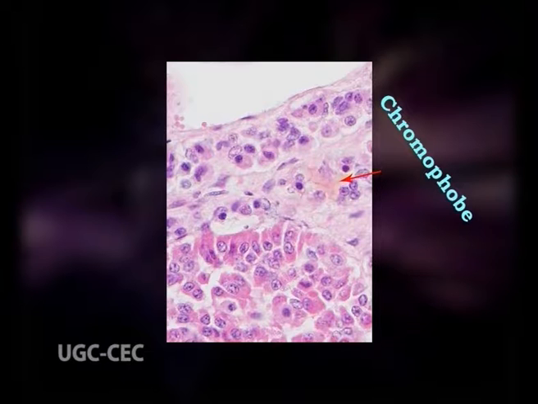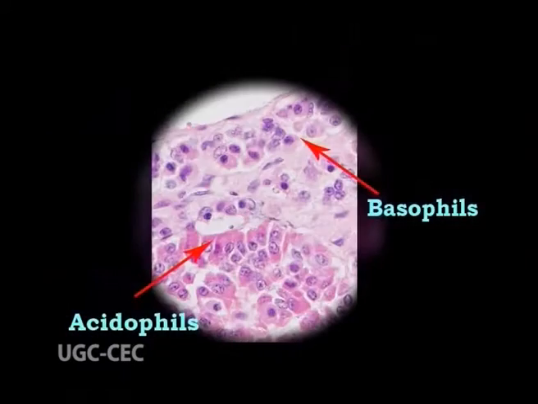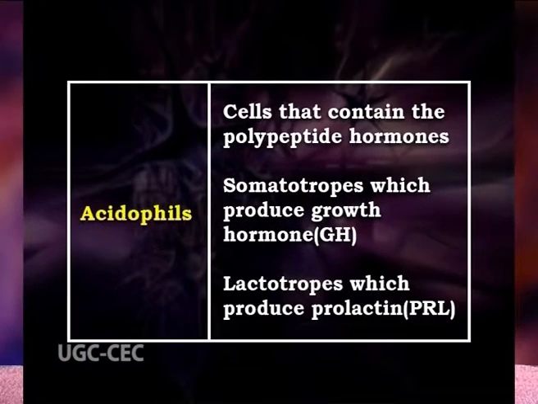These are those cells which don't stain in this technique. Acidophils and basophils are divided into different classes of cells which have different secretory products and target organs. The subtypes of acidophils and basophils are described in the table below.